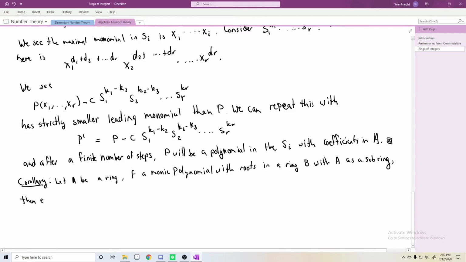Then every symmetric polynomial in the roots of f lies in A.